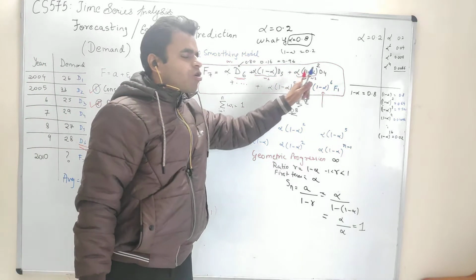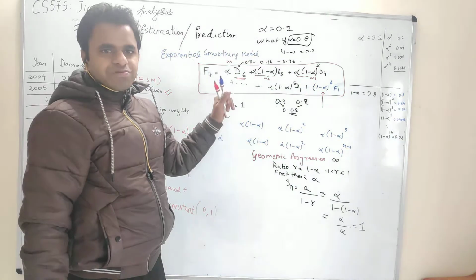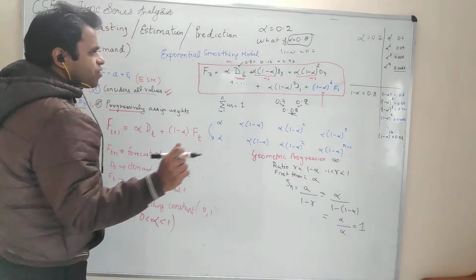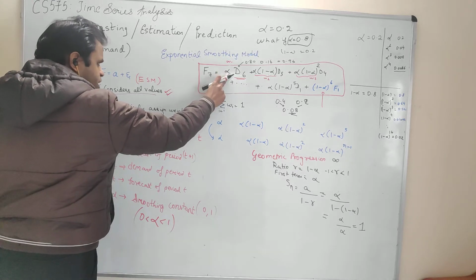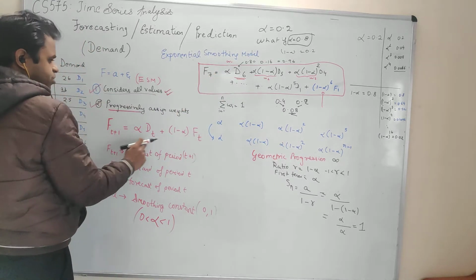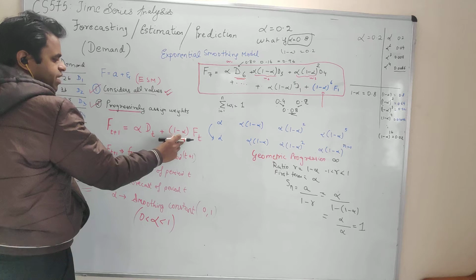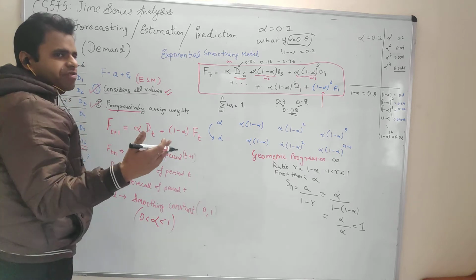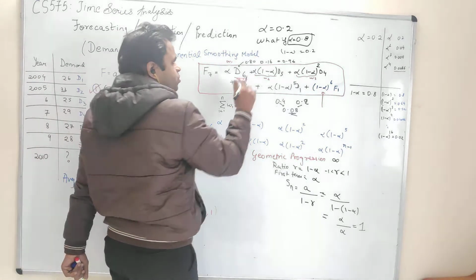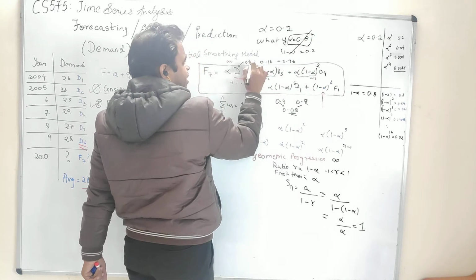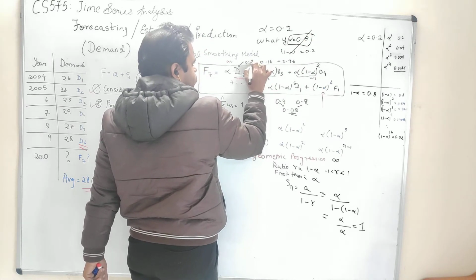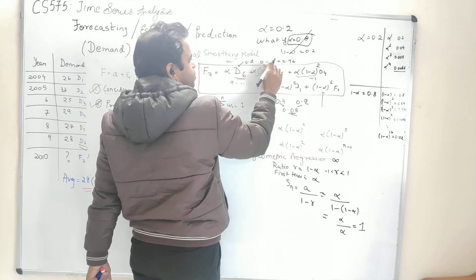We need to consider all the values. So from this you can see that it is always preferred that you give more weightage to the forecasting term, right? So alpha less than 0.5, depending on the situation also. So when we take alpha as 0.2, this factor became 0.2, and this became 0.16.